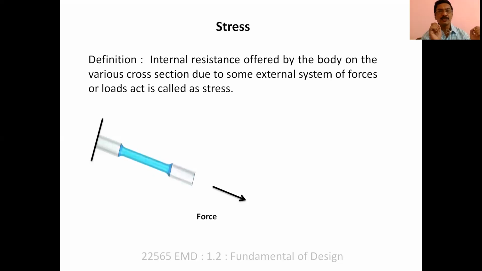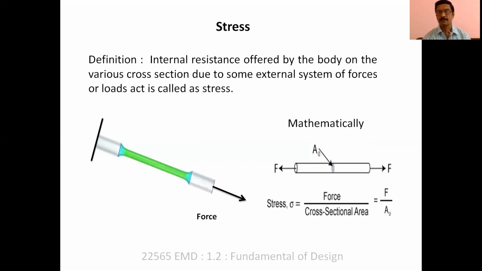The internal resistance offered by the body on the various cross sections due to some externally applied forces is called stress. So whenever any machine component is subjected to force, it causes internal resistance. That internal resistance is called stress. Mathematically, stress is the ratio of force divided by area.